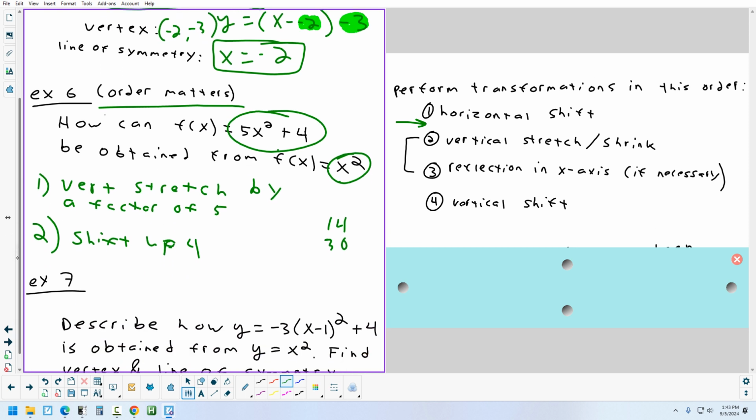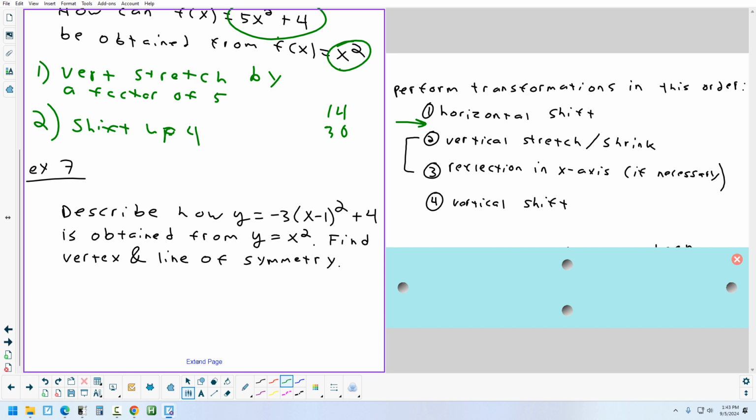All right, let's try another one of those. First thing, how many transformations are in this problem? Would be 2. More than 2. Would it be 3 because there's 3 in the first column, or what?